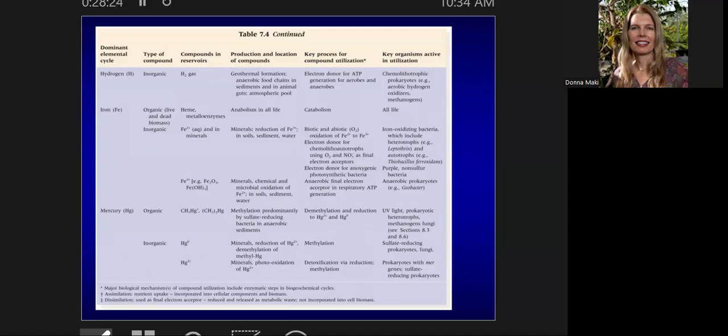But here they're looking at the two forms of iron, Fe2+ and Fe3+, and comparing that, as well as some other iron sources. And even mercury is making the list here. Mercury is an interesting, nasty chemical to us, but you can see that some microbes are happy to break it down and are okay with that. For them, it's just a source of electrons, even though it's toxic to us.